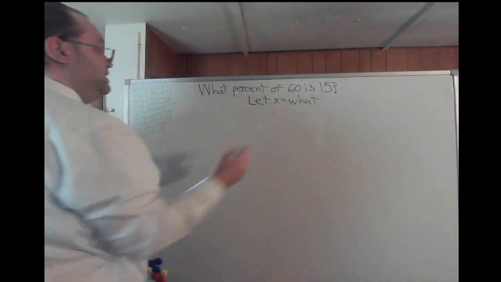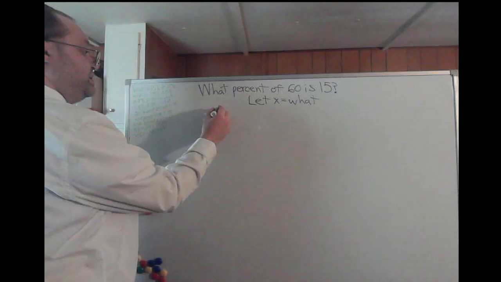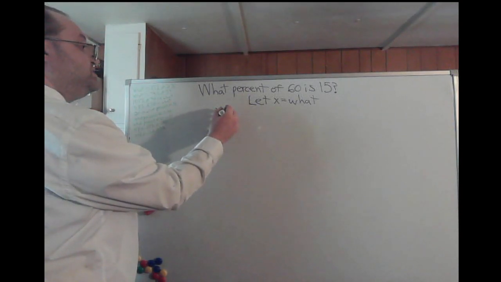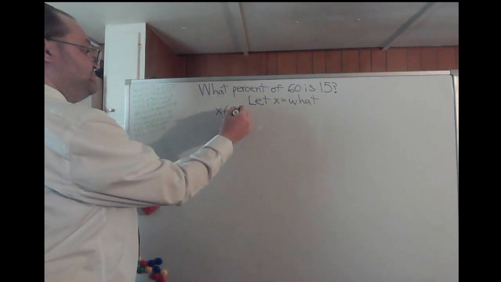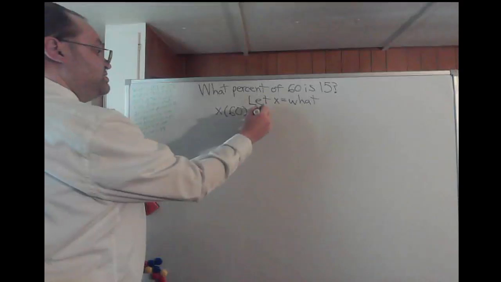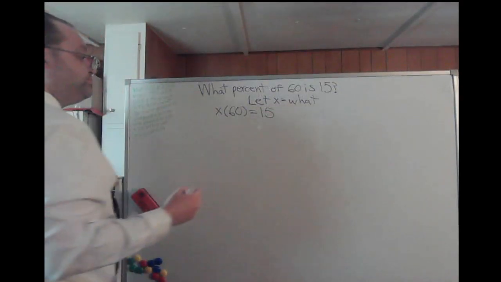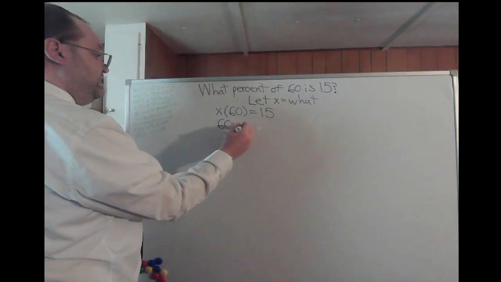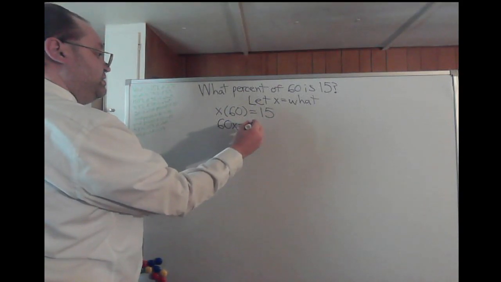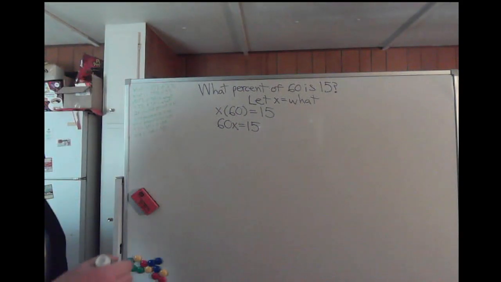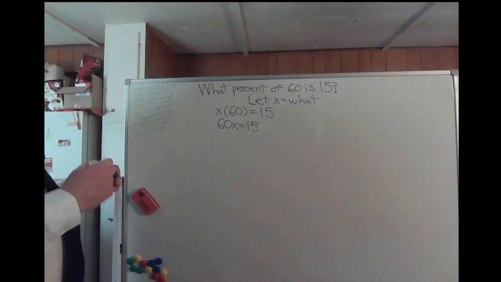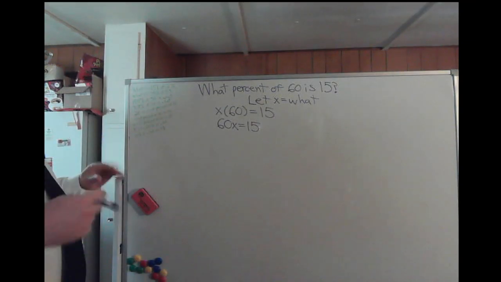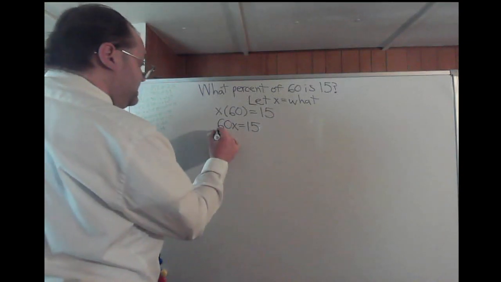X will equal what? So what percent, x percent of 60, so that's times 60, equals 15. Which can be rewritten as 60x equals 15. Alright, well, we have 60x on one side, we want to get that x by itself, so divide both sides by 60.